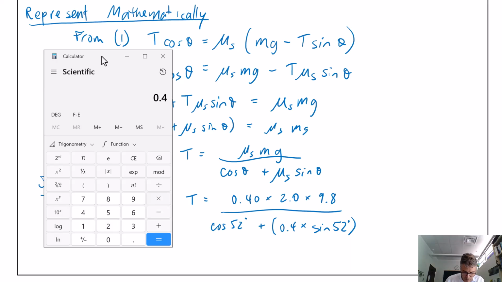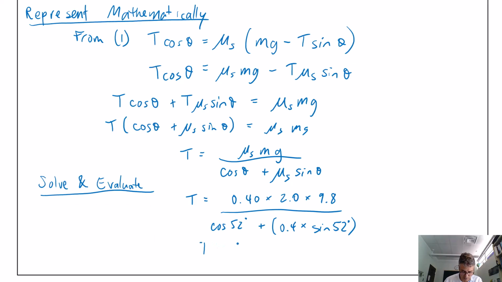So 0.4 times 2 times 9.8, divided by, open parentheses, 52 cosine, plus, open another parentheses, 52 sine times 0.4, close parentheses, equals 8.42. Tension equals 8.42. That is in newtons, and I'll put a box around it, and that is my final answer.